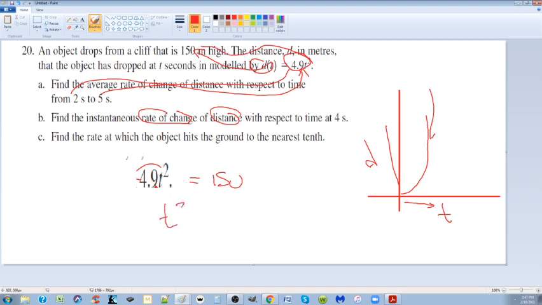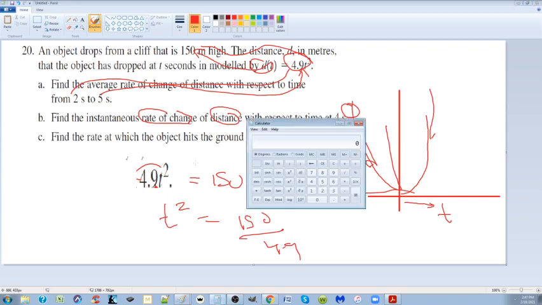So you're left with t squared, and we'll only deal with positives because we know that there's another t over here that's negative. We only care about the positive. So t squared is 150 divided by 4.9. Take your calculator, take 150 divided by 4.9, and then guess what I'm going to do to it? I'm going to square root it.